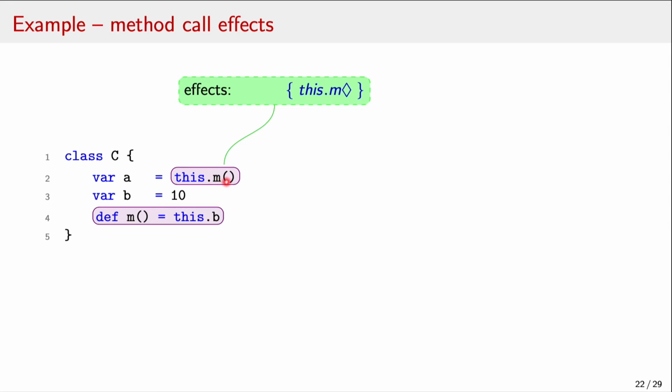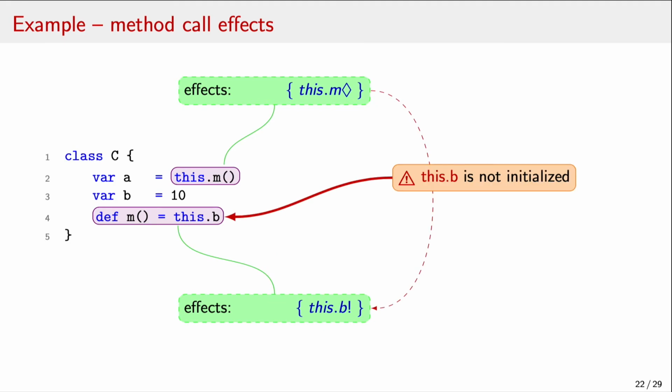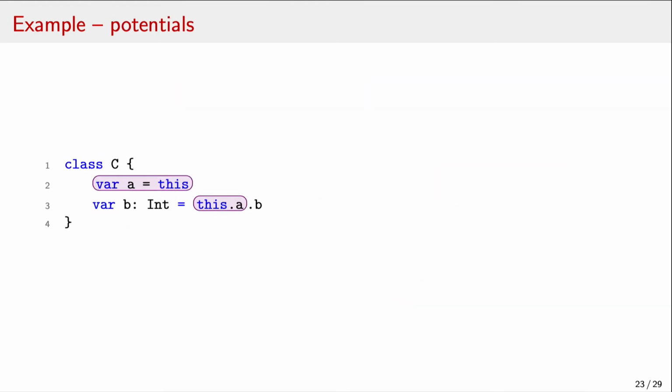The expression calls the method m, therefore we associate it with the method call effect this.m diamond, which is a proxy to the actual effects in the method. this.m is rejected because it leads to the field access effect this.b bound, but the field b is not yet initialized. One challenge is how to deal with aliasing.